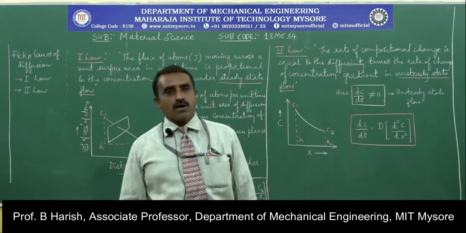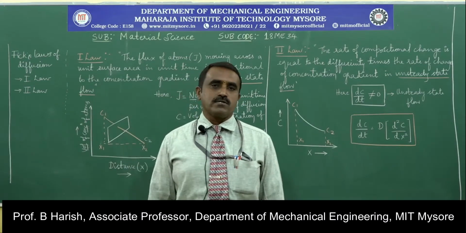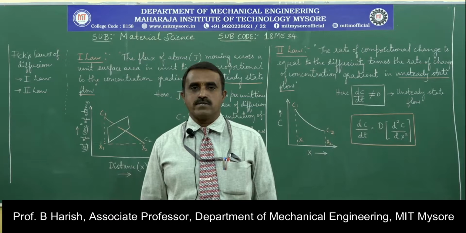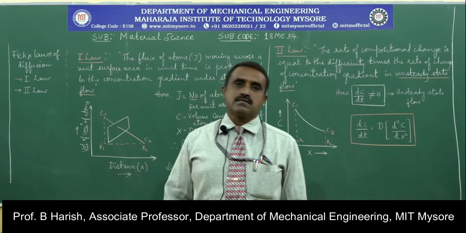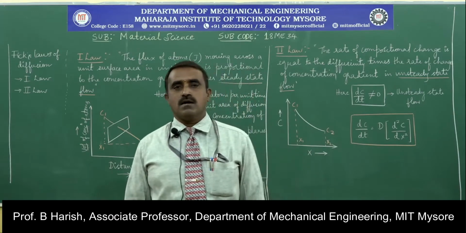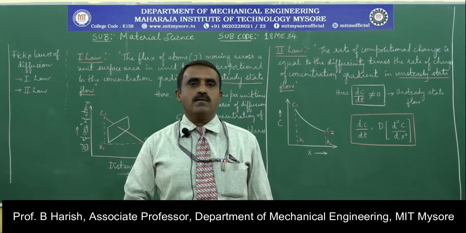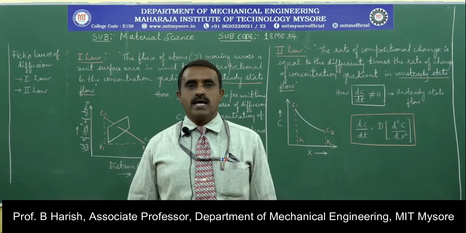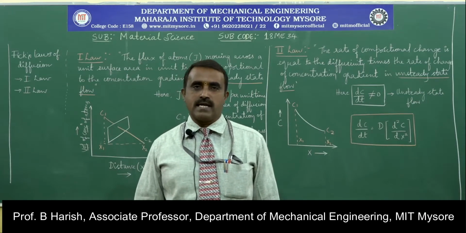So we have two laws, Fick's first law of diffusion and Fick's second law of diffusion. Now, the diffusion of atoms from one point to another depends upon the concentration gradient.